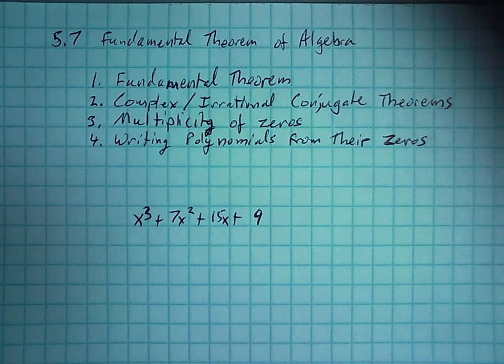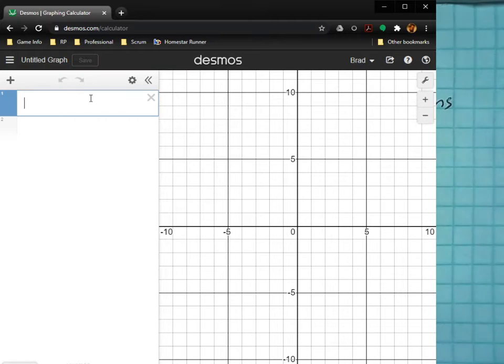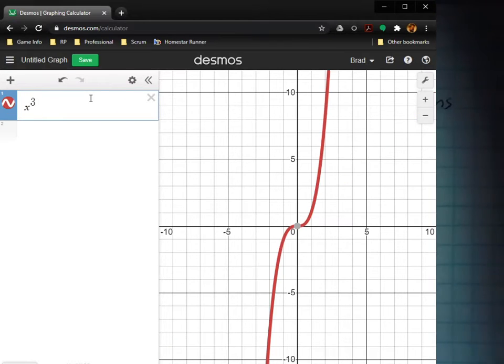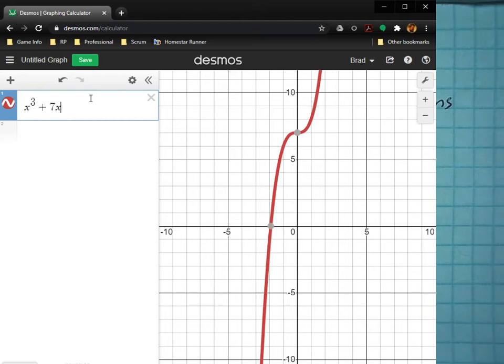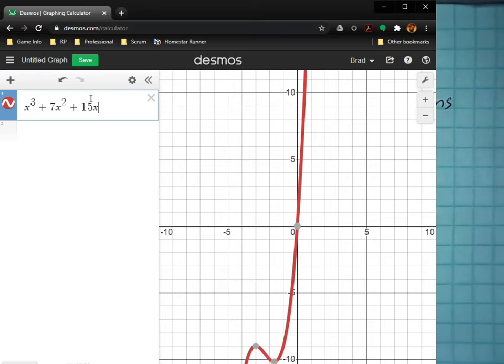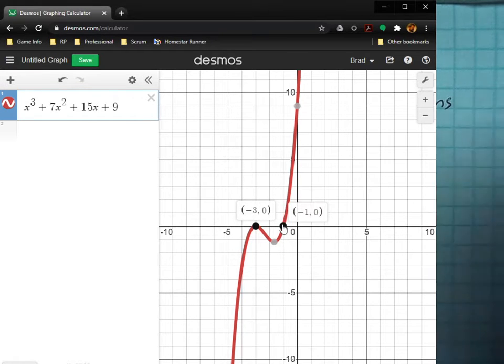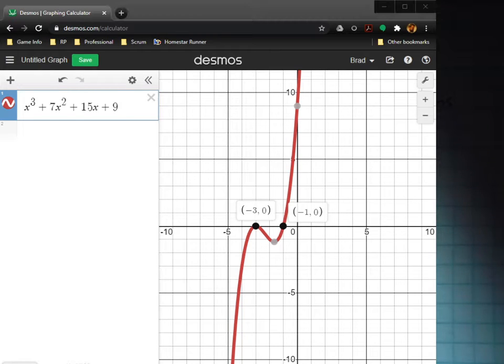So let me bring up my Desmos graphing calculator here, and I'll type in the polynomial x cubed plus 7x squared plus 15x plus 9. And I can see from the graph here that -3 is a good number to check, as is -1. So that's where I'm going to start, is -3 and -1.